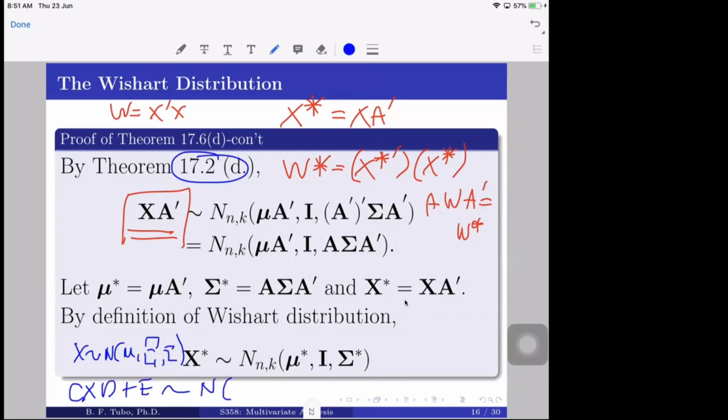The parameters will be C mu D plus E, C psi C prime, and D prime sigma D.